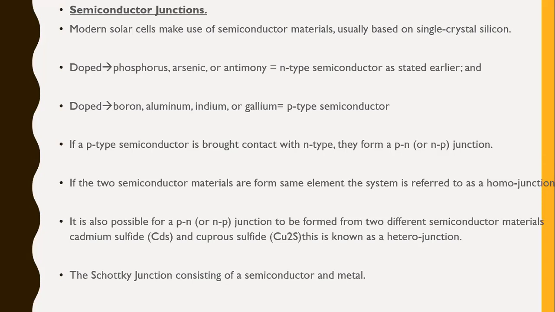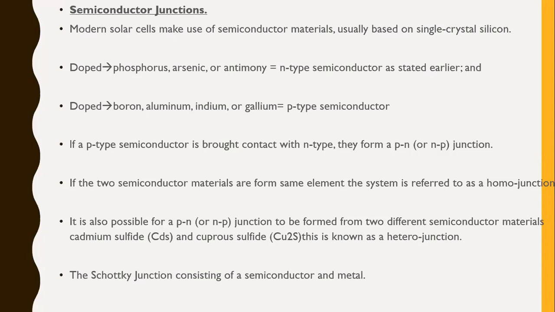Suppose first that silicon is doped with phosphorus, arsenic or antimony. If the silicon is doped with these three, it becomes an N-type semiconductor.